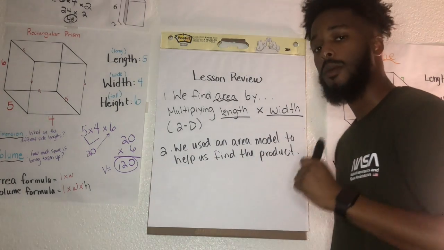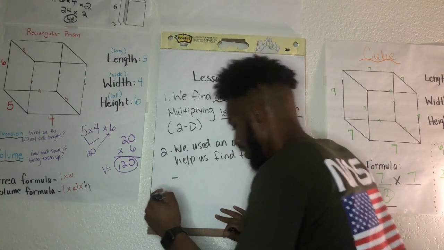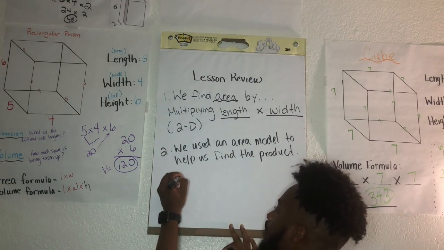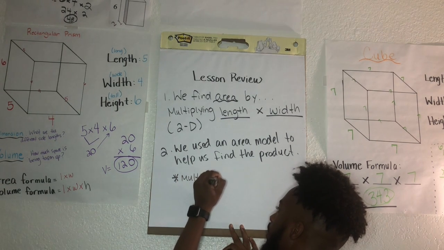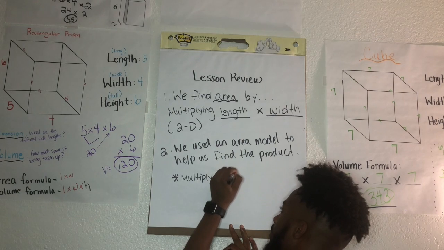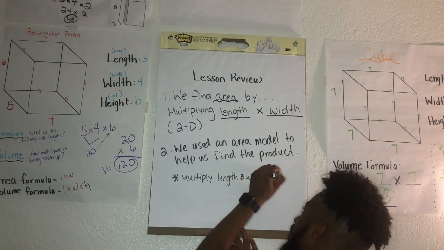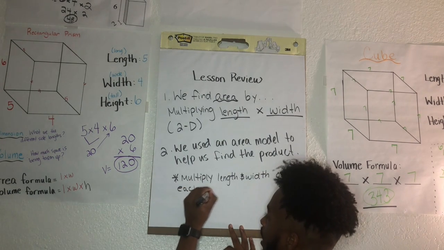So it's important that when we use an area model, we, oh, holy moly, donut shop, multiply length and width of each square.